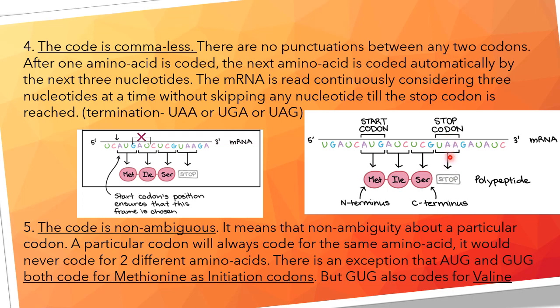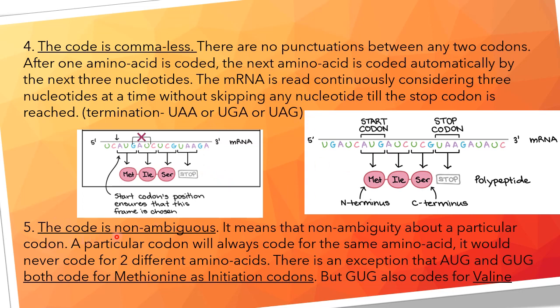This tells the translation system to stop the translation now. This is the polypeptide that is now obtained, which will give us a particular specific protein. So this is how translation goes on. There is a very important, critical role of the start codon and stop codon, because that defines the gene sequence that has to be translated.